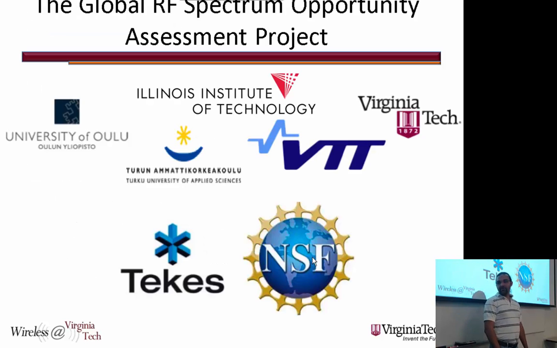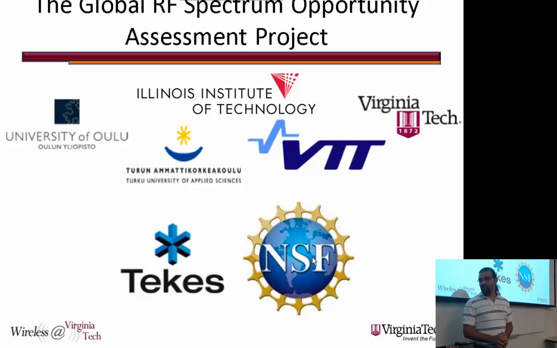We now are a part of this Global RF Spectrum Opportunity project, which got its funding from the Wireless Innovation between US and Finland program. This program is funded by both NSF and the Agency of Innovation in Finland called TEKES.